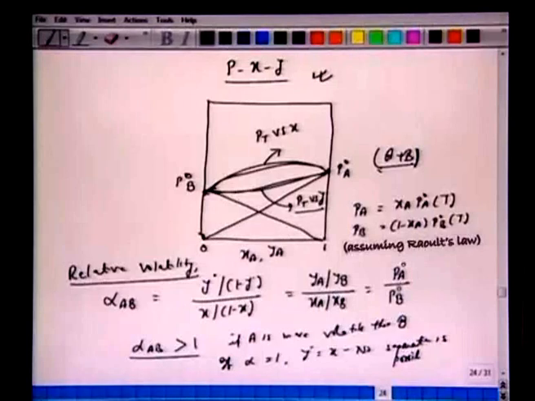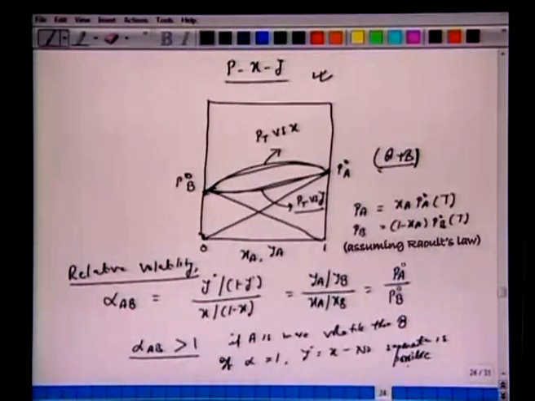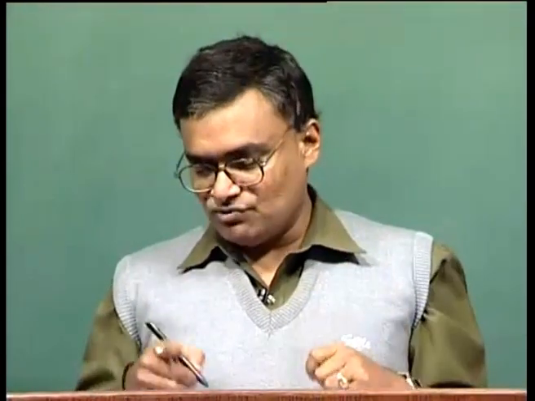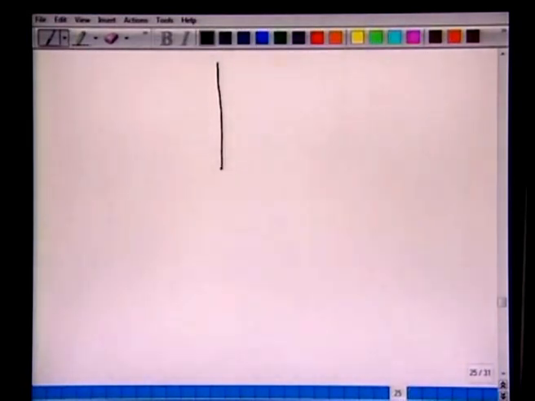So this relative volatility alpha signifies to what extent A is more volatile than B, or from the practical point of view, to what extent separation is possible, right? So this Txy diagram which we have plotted for temperature in x and y can also be plotted as y versus x, and we will do this by taking the projections of x and y from the Txy plot. Okay. So let's again redraw this Txy diagram.